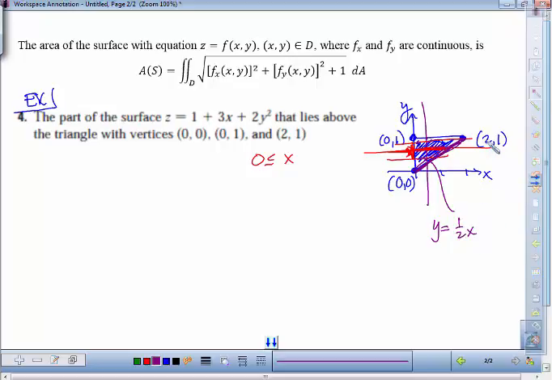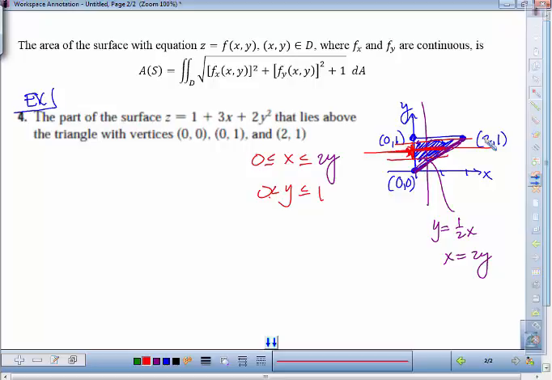Whatever you do, this is how you would find the equation of the line. And then here, we need an x limit, so I'm going to solve for x. That's going to be your limit for the inside integral. And the outside integral limits are always constants, so y is going to go from 0 to 1.